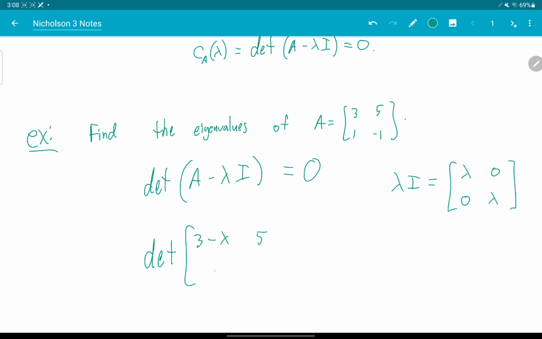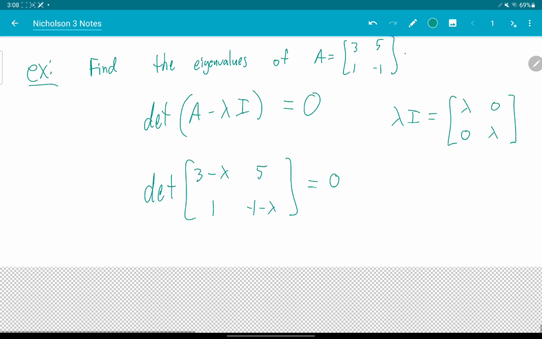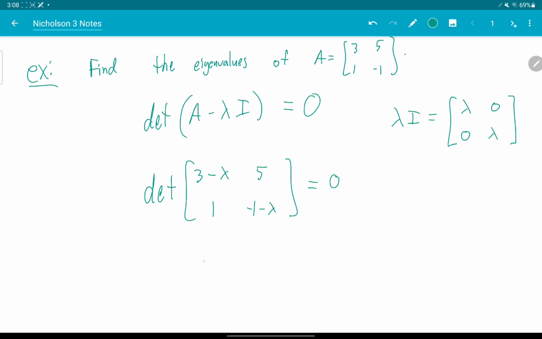And 5, 1, negative 1 minus lambda. So that's going to be equal to 0. And then when I do this determinant, it'll be a fairly straightforward calculation. 3 minus lambda, negative 1 minus lambda, minus 5 is equal to 0.